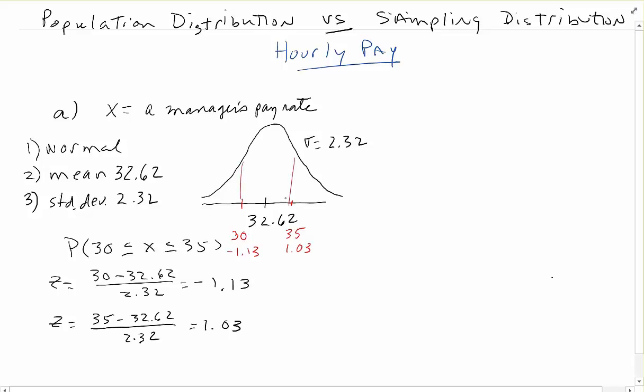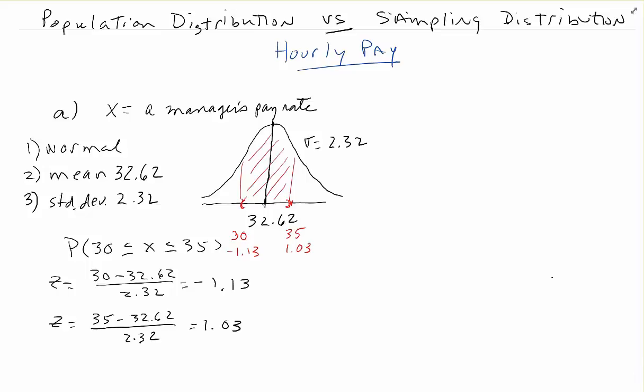To find the probability of being in that interval, I need the area under the density function above the interval. Of course, my table works out of the center and only to the right, but we don't quite have symmetry here. 30 is at a different distance from the center than the 35, so I'm going to have to look up both of these.